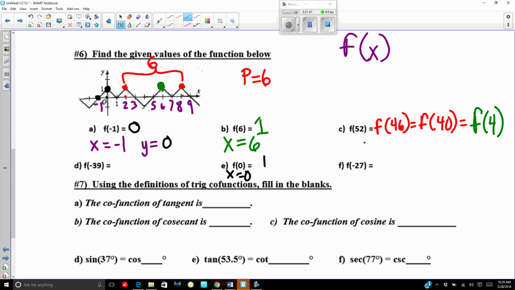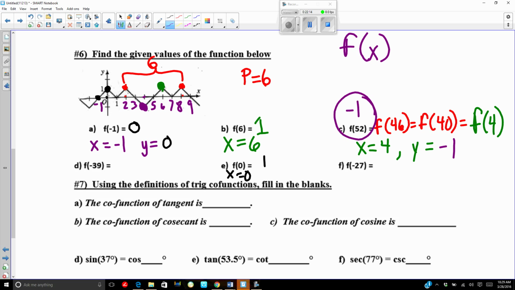So we want to find when x is 4, what's y? In this graph, we can find that pretty quickly. X is 4 here at this point. So when x is 4, y is negative 1. So that means f of 52, since this repeats itself every 6 units, is also equal to negative 1.